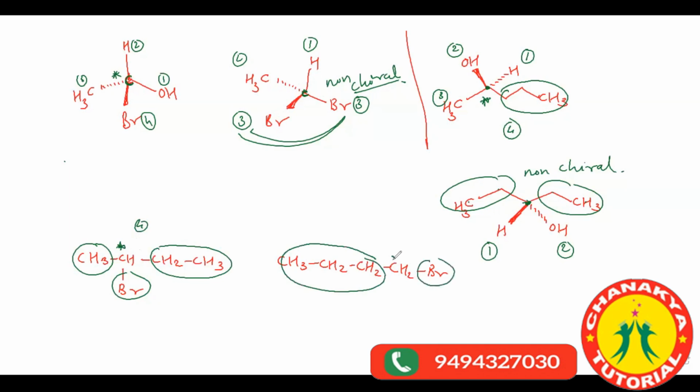This is your second different group, but then it is attached to 2 hydrogens, right? H2 is written. And as two hydrogens are present, similar groups, hence it is non-chiral. Got it? Yes or no? So all 4 groups should be different. Then only we can call that carbon a chiral carbon. Clear?